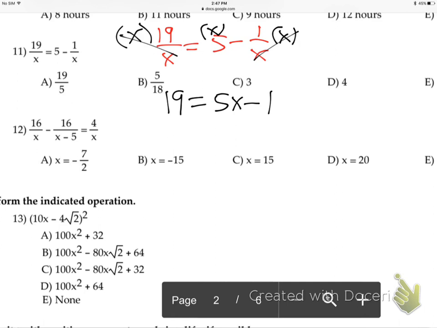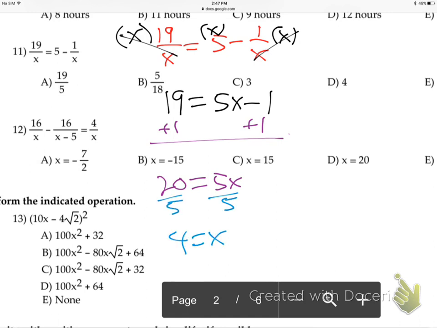Good so far. Add the 1, add the 1. 20 equals 5x. Last step to get x alone: divide by 5. X is 4. D. Good? All right, let's keep going.